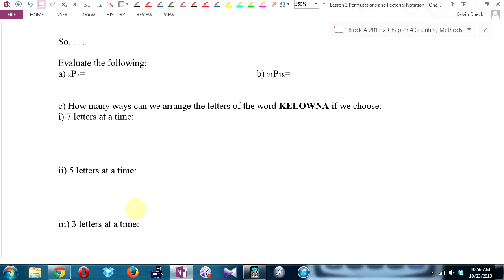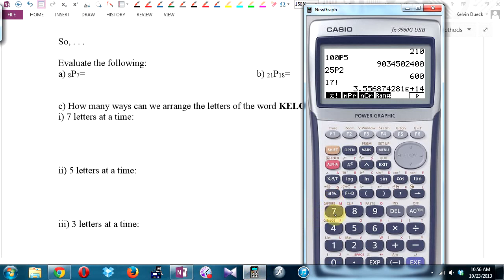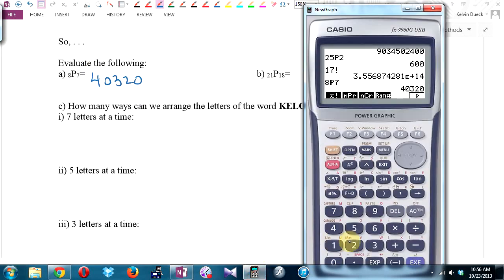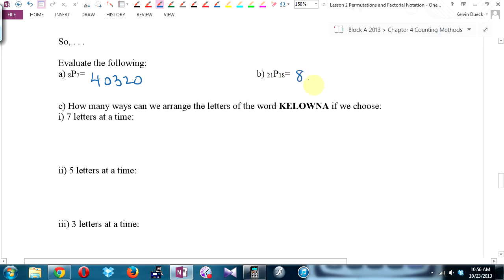Try that on your own, please. $40,340. Wow. 8.5 times 10 to the 18th power. That's a big number.